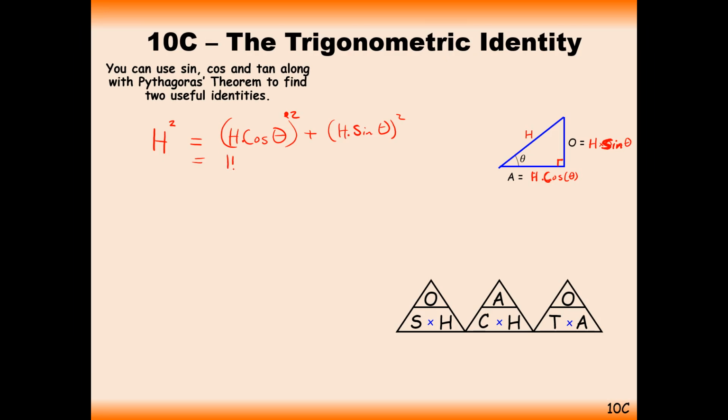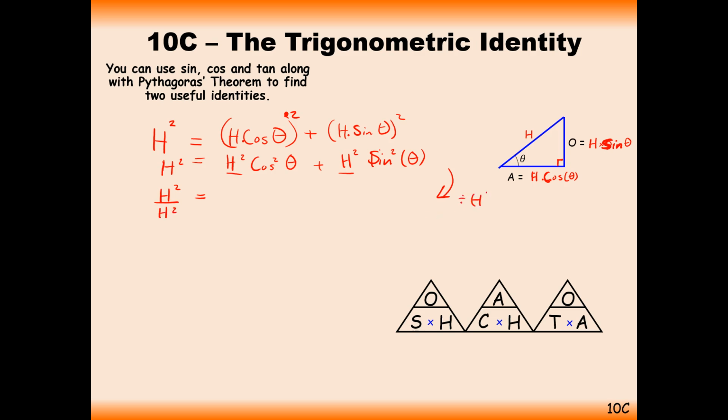I can write this as h squared cos squared theta, and I'm writing this next one as h squared sine squared theta. Okay, so these lines are the same. I can divide everything on both sides by h squared. You could factorize h squared out of these two terms, but I'm just going to divide everything by h squared here.